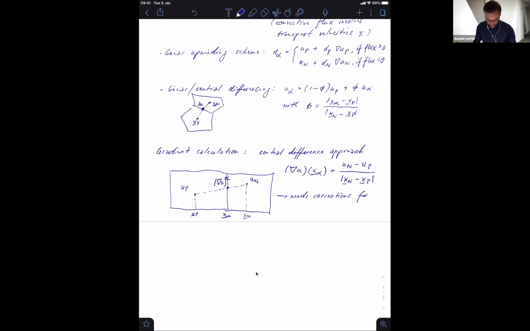We can call these meshes either non-orthogonal or skewed meshes. The elements are skewed. It's not quite the same, non-orthogonal and skewed. But in both cases, corrections can be applied to that formula to make it more accurate.